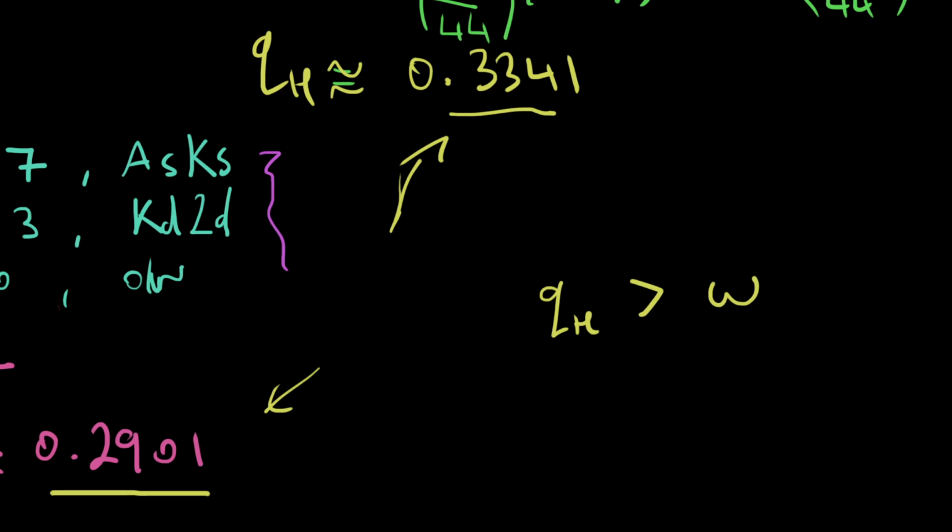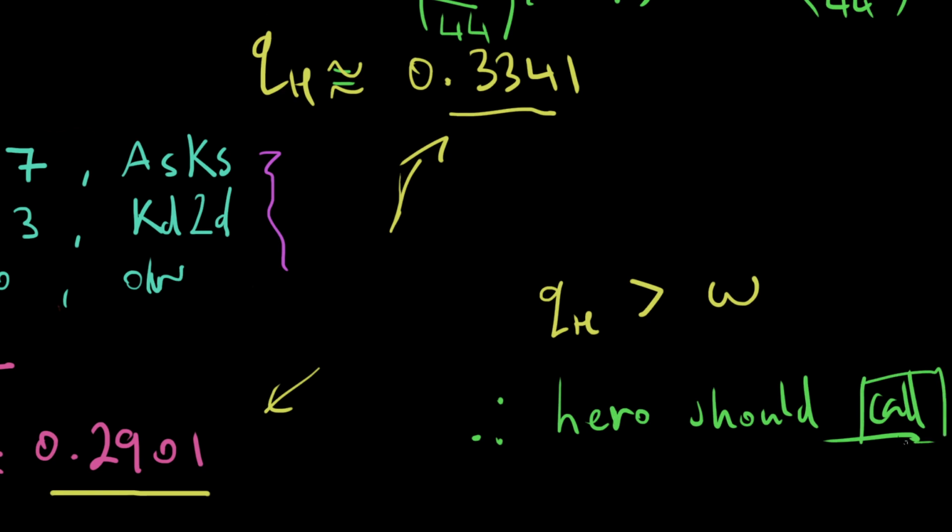Therefore, hero should call, because their expectation for calling is higher than the expectation for folding. So here is a plus EV decision. The decision that makes the most money on average will be to call.